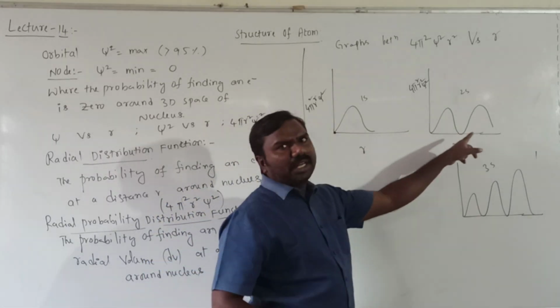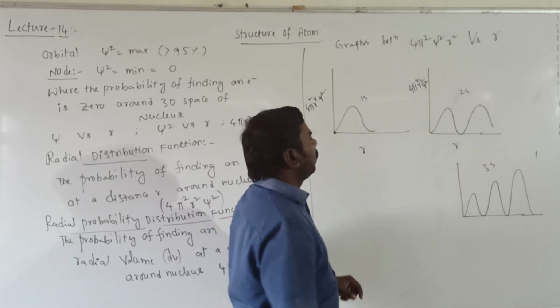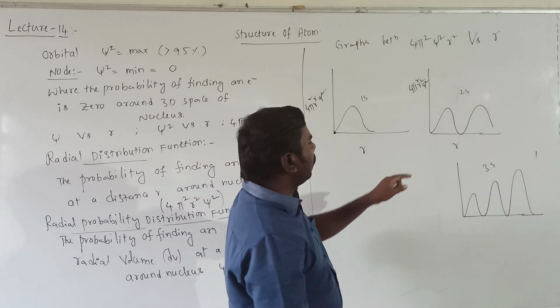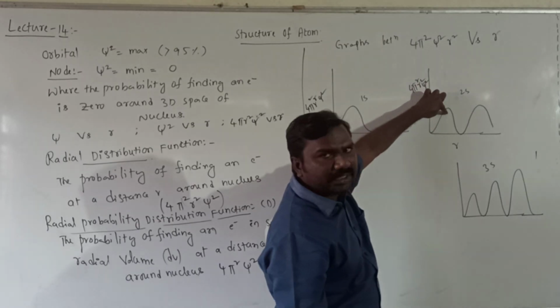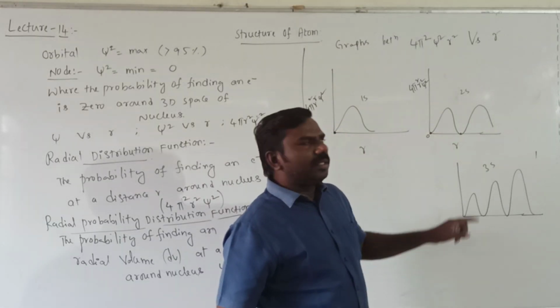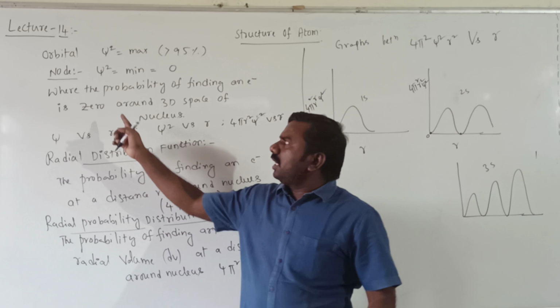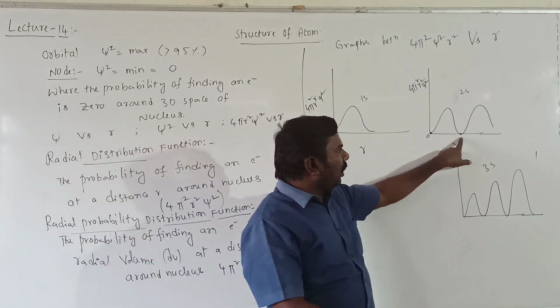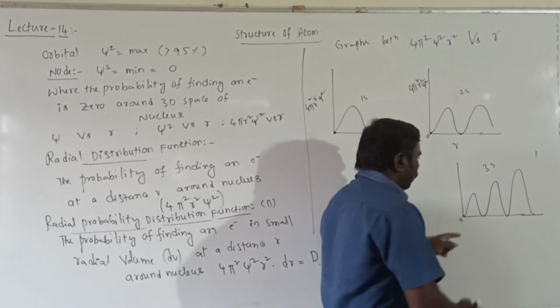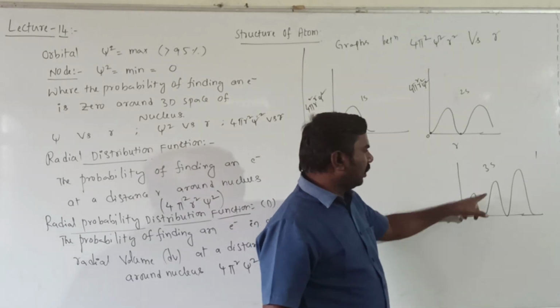From the nucleus to a certain distance r, the probability is maximum, that is the orbital. At this point it becomes 0 again. Zero is indicated as a node. Here there is only one node for 2s.